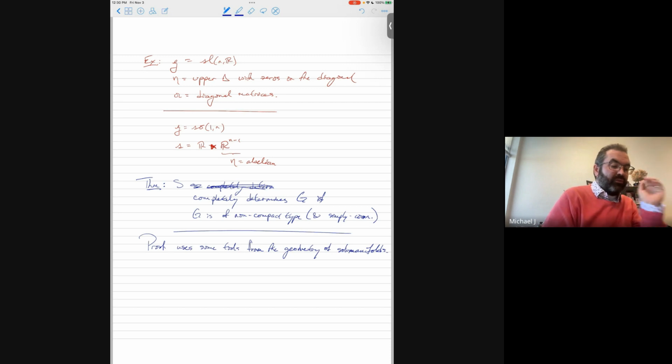I don't know of anyone who's done this. I wouldn't be surprised if this is an observation that people have made at some point. But somehow this isn't a satisfying proof because it relies on a classification list. Even if the classification is good and well known, it's still somehow not the satisfying proof. So we'll give a geometric proof. So here's what you do.